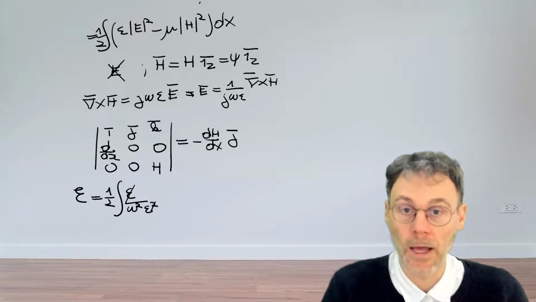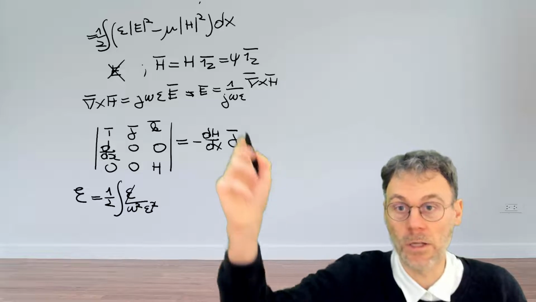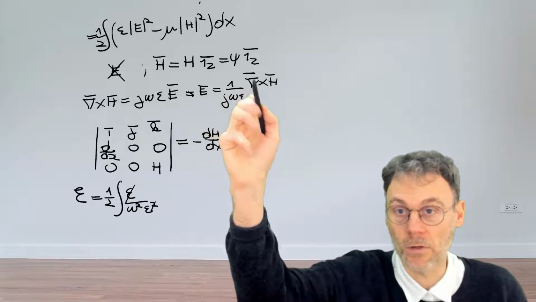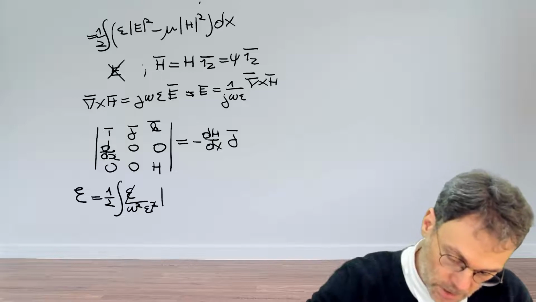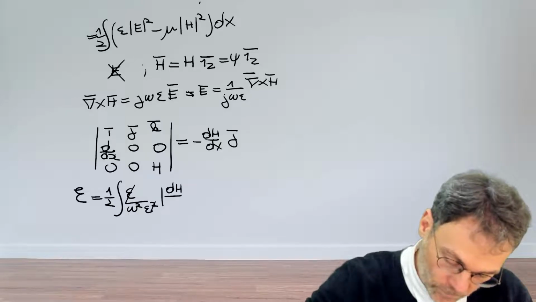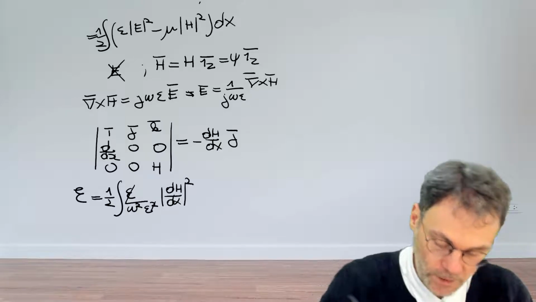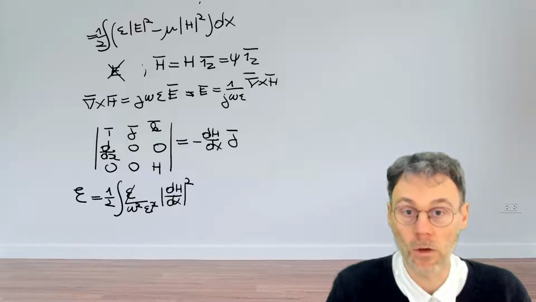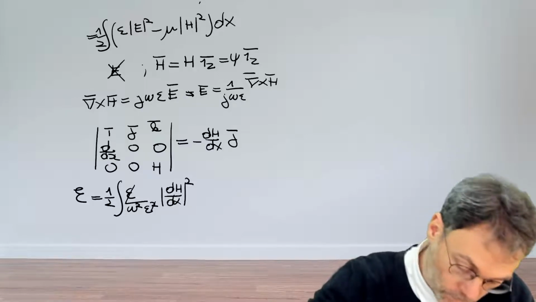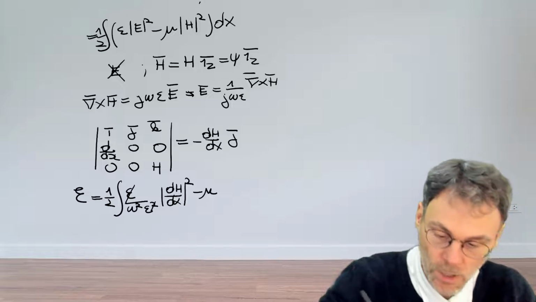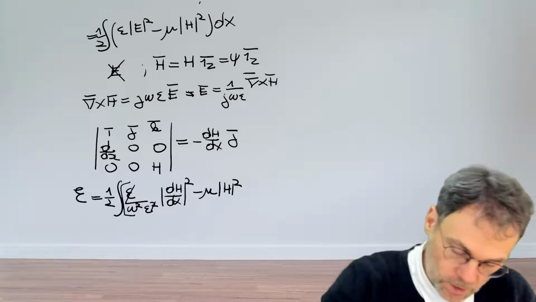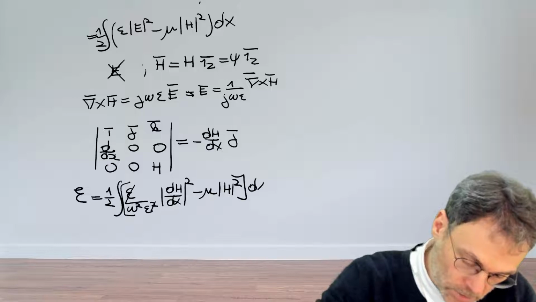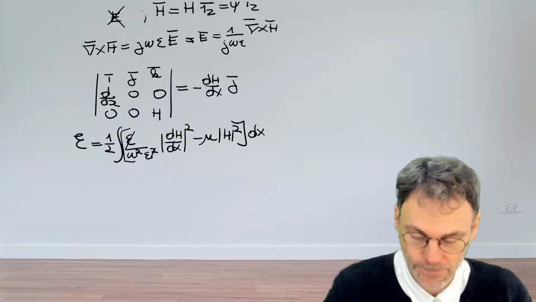And then obviously we should not forget the magnitude of the curl here. The minus sign drops. It's basically the magnitude of the derivative of H with respect to x. And then we have our minus mu, the magnitude of H squared. And this whole thing is integrated out over x.